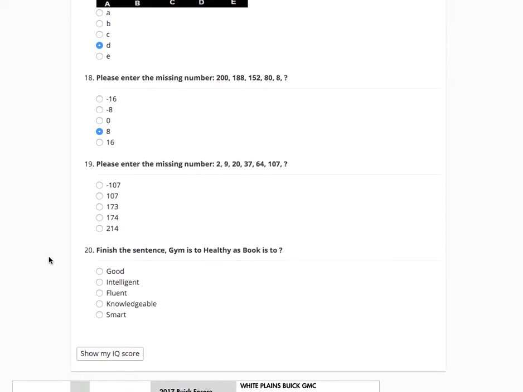Please enter the missing number: 2, 9, 20, 37, 64, 107. So that's 7, the difference, and then there's 11, then the difference of 17. I'm just going to write this down because I can't figure this out without the pen. The first difference is 7, and then we have 11, then we have 17.